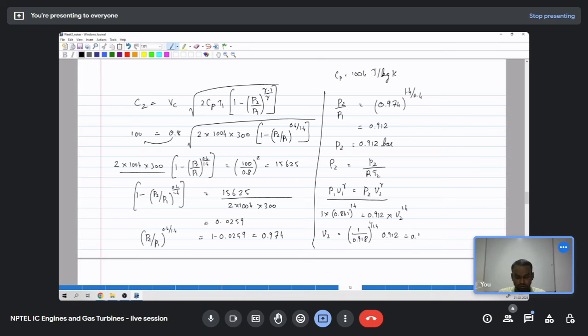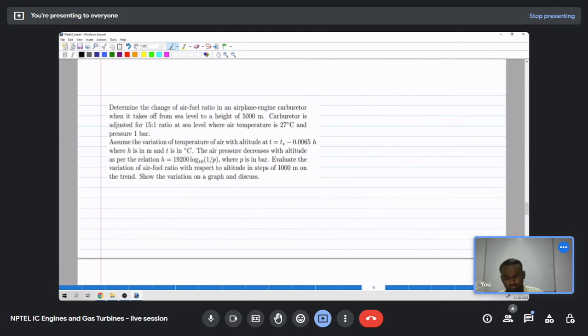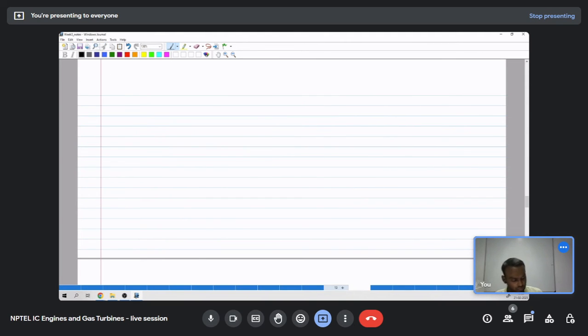So this is 0.969 meter cube per kg. So density at state 2 is 1 by specific volume, 1 by 0.969. So we have 1.032 kg per meter cube.